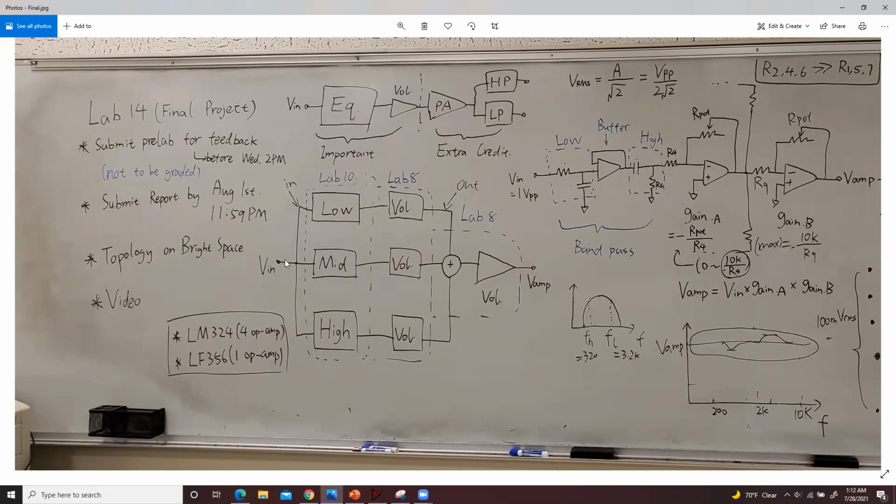Okay, so this circuit inside the equalizer divides the music signal into three different frequency bands. This is a low pass, this is a mid frequency, and this is a high frequency.